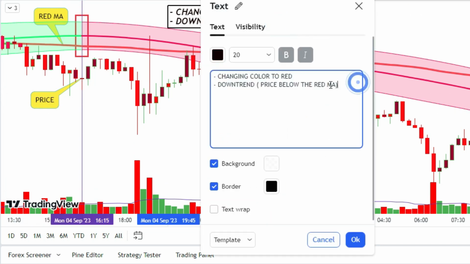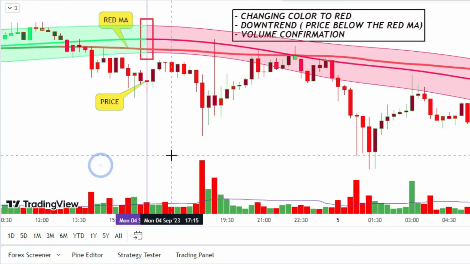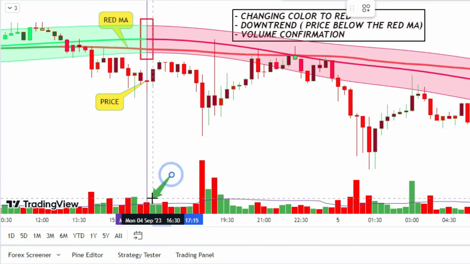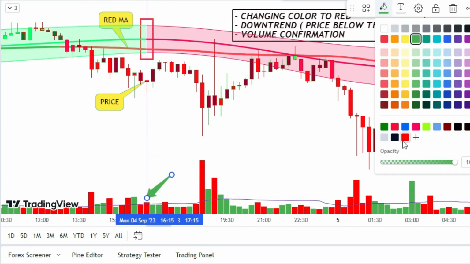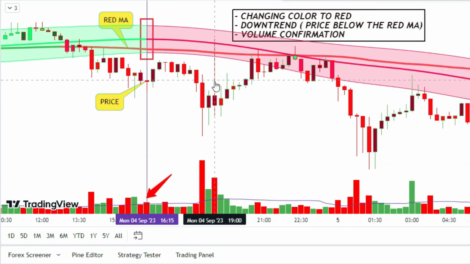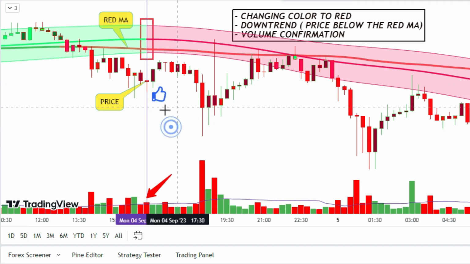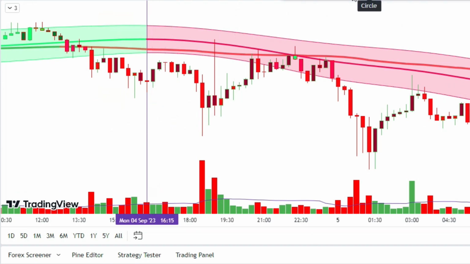And don't forget to check with the volume indicator to back up the signal. Only when all these things line up, that's your go ahead to sell.